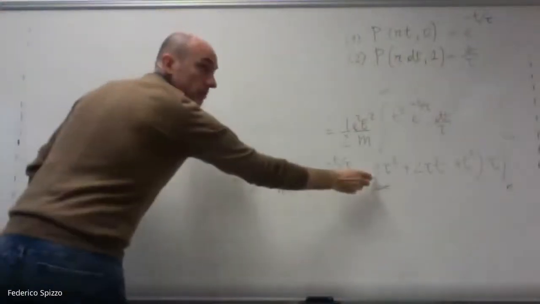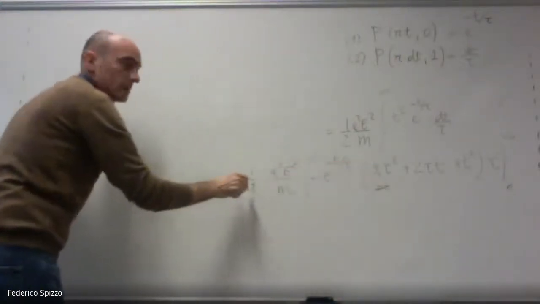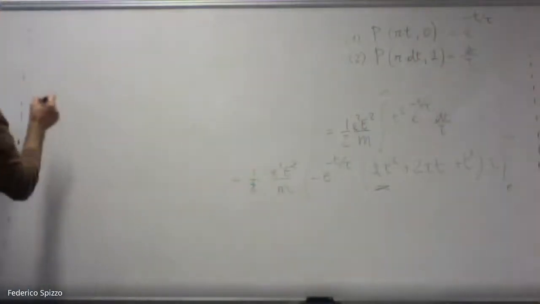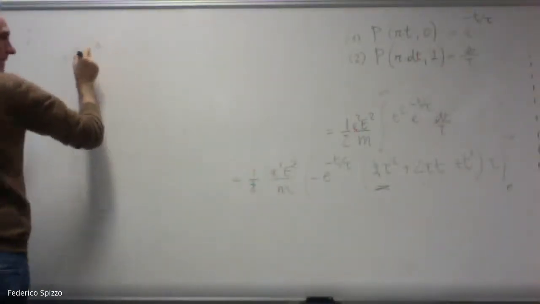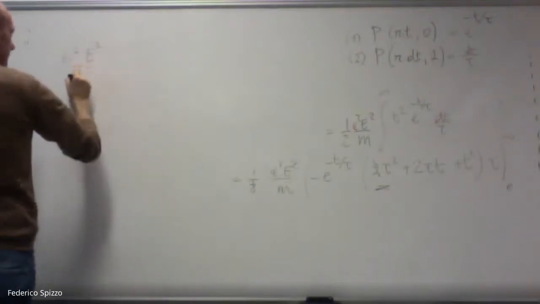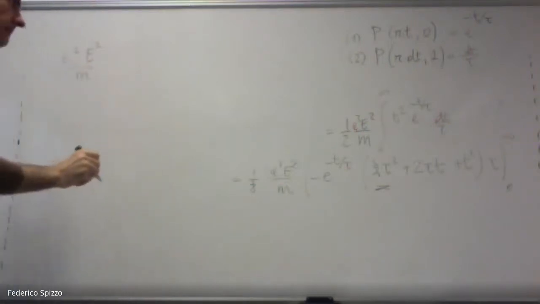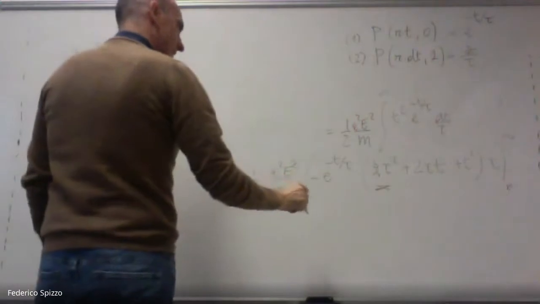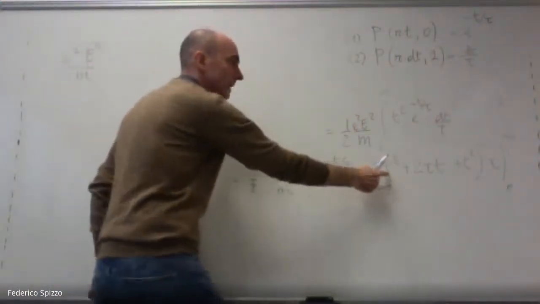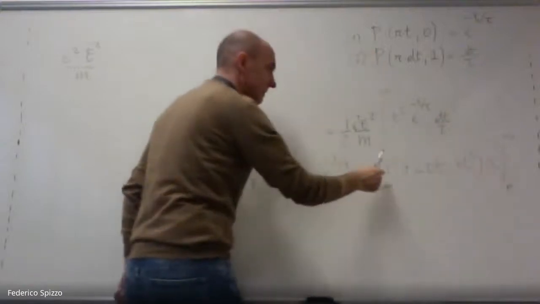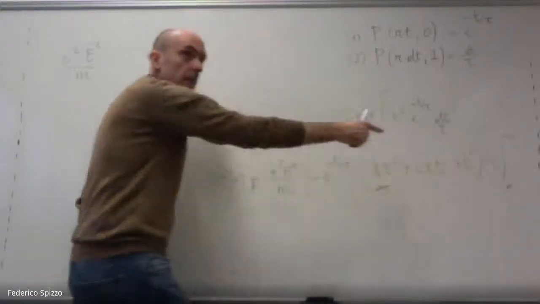So these two simplify with 1/2. So we have e squared, electric field squared, divided by m. And then we have the relaxation time to the power of 3, because there is tau squared times relaxation time.